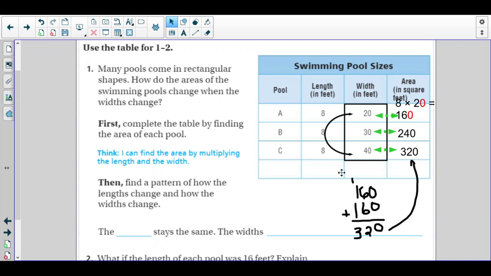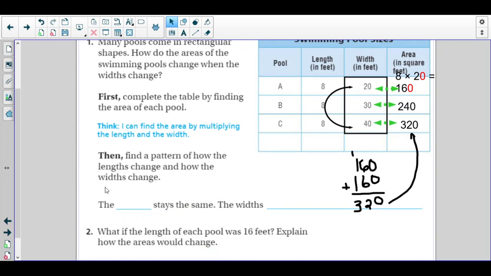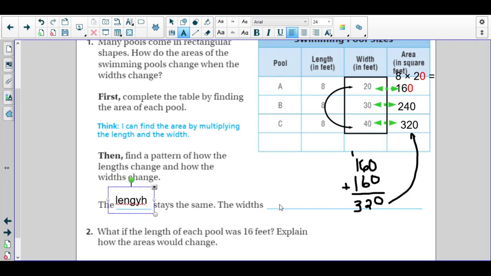All right. So let's see if we can figure out some things down here. Find the pattern of how the length stays the same. All right. And the width, and I guess we're just looking at it right here.